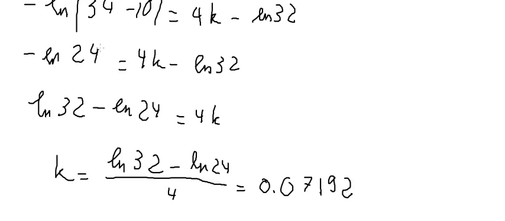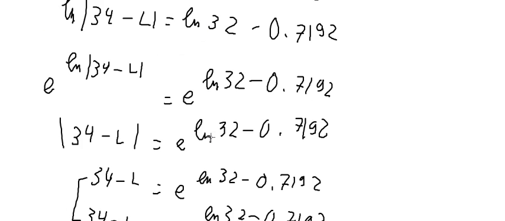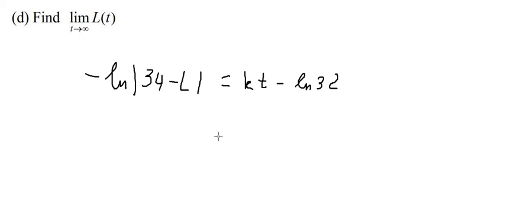The last one is to find the limit when t goes to positive infinity. So I will go back to the first one in here. So we put negative to the right.